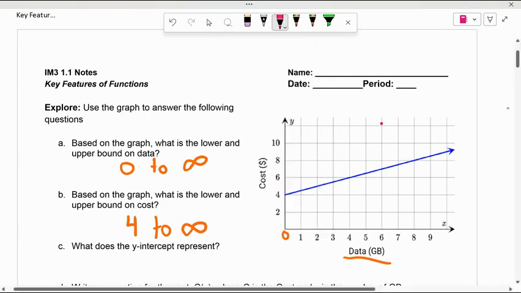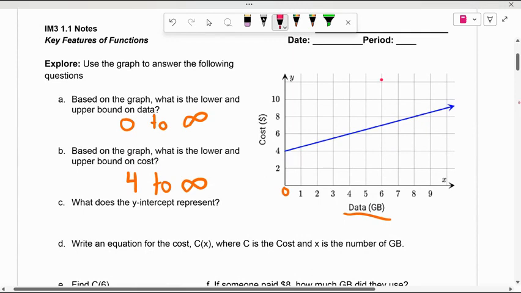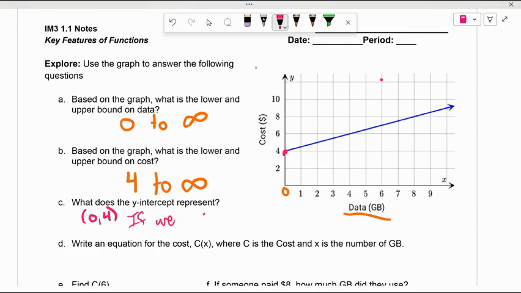Then we have, what does a y-intercept represent? Well, first of all, what is a y-intercept? 0, 4, right here. So what that means is if we use 0 gigabytes of data, we will pay $4.